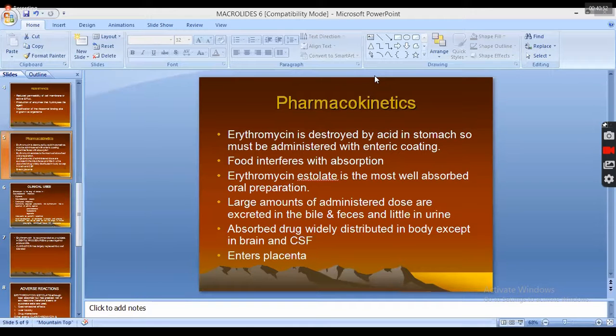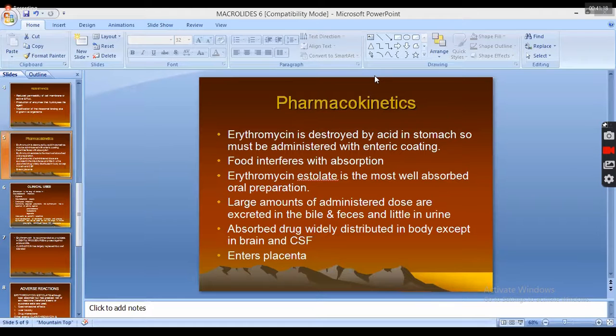Somebody asked about this slide 5. Those drugs which are basic would be destroyed if they are given orally, by the acid which is present in the stomach. Erythromycin, as it is basic in nature, needs alkaline medium to work best.